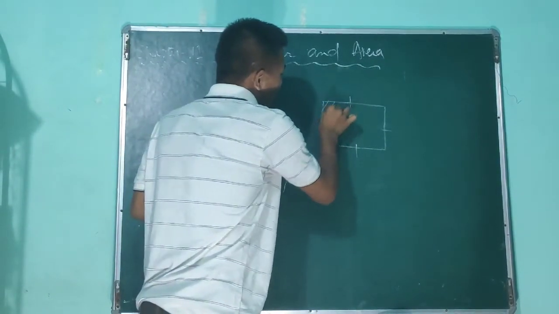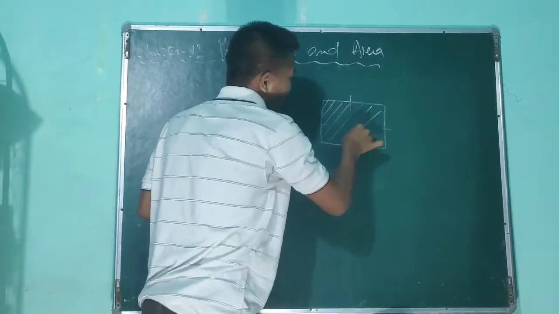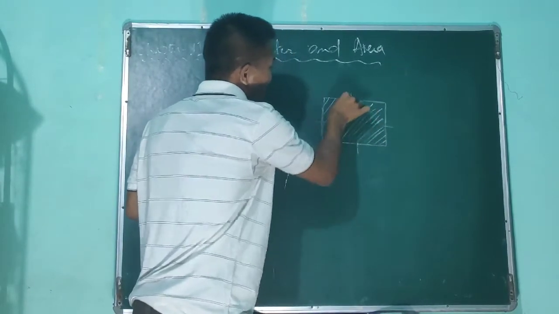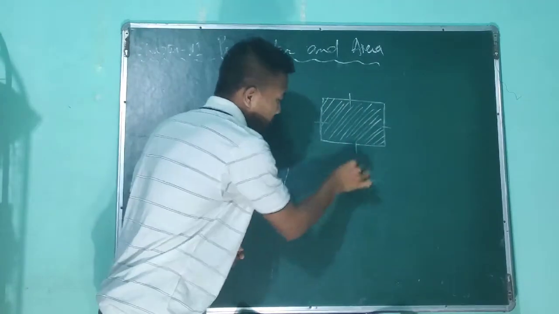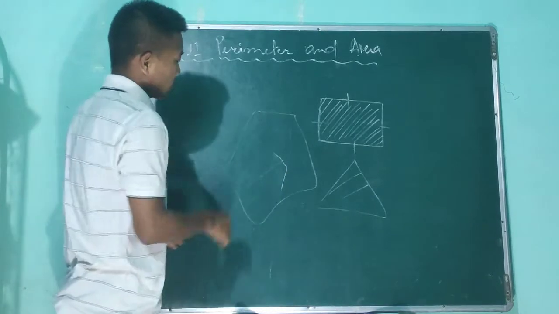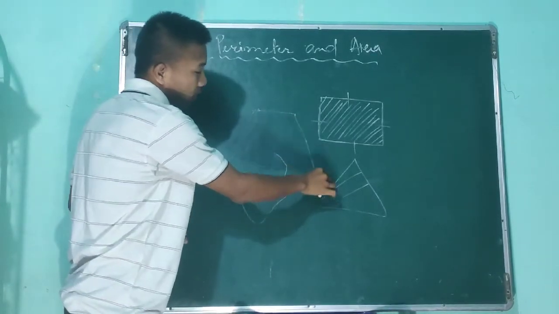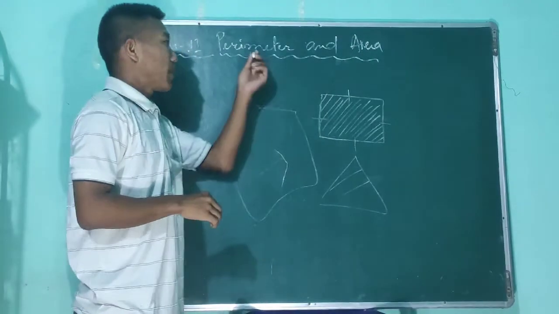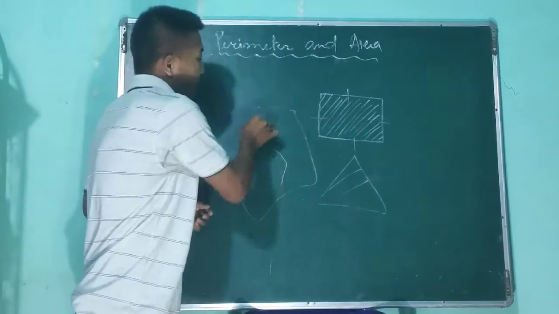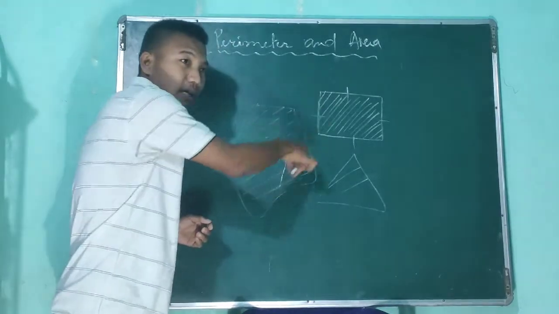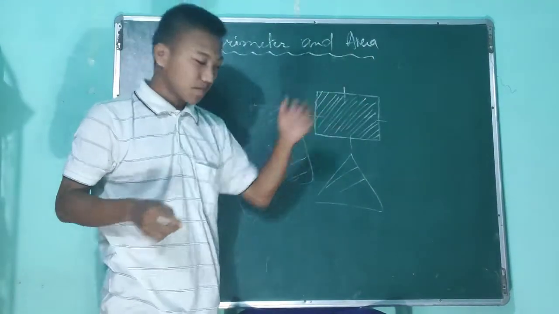The sides bound some area. This is the shaded portion, and this shaded portion will be called its area. It might be a triangle or any geometrical figure. The sum of all the boundaries will be called the perimeter, and the portion encircled by the sides will be called the area.